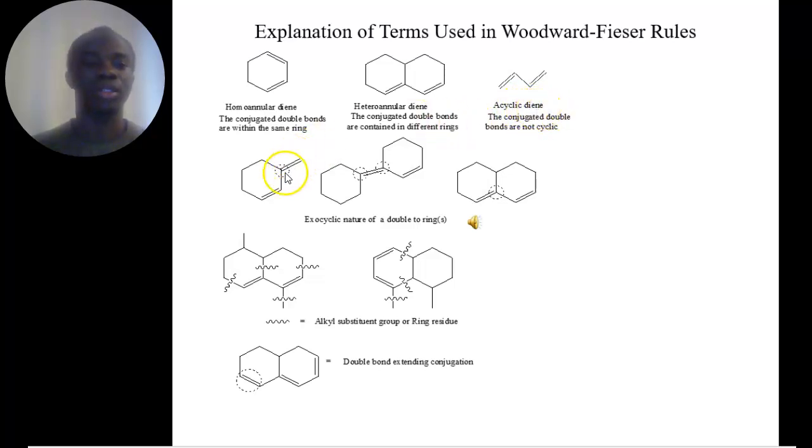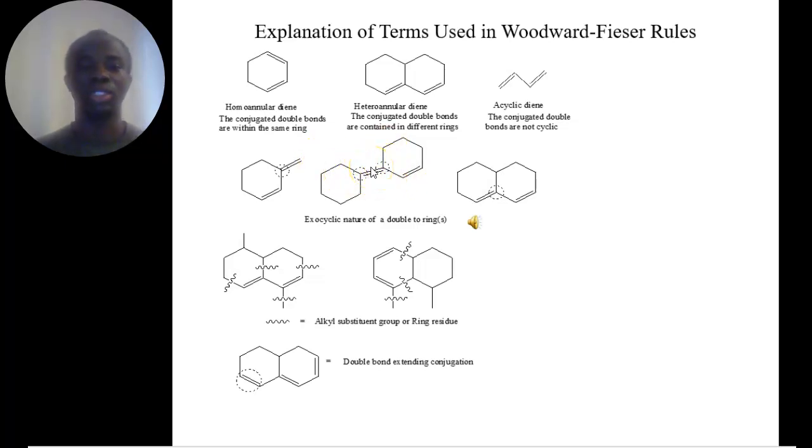Now remember, considering this structure here, you will see that one of the double bonds is within the ring while the second double bond is outside the ring. So this is also a heteroannular diene situation. Also, if you look at the next structure beside it, the same thing.